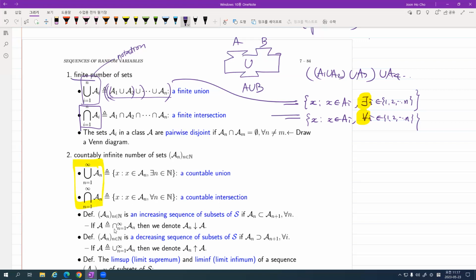So these are finite union and intersection. You have countable union and intersection. And there is something more confusing: uncountable union and uncountable intersection.